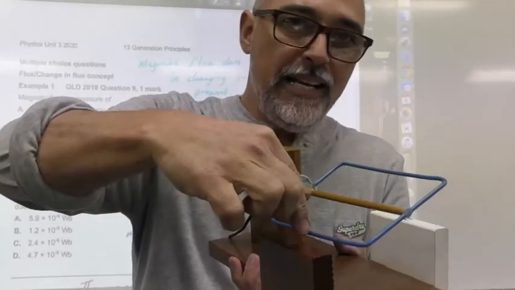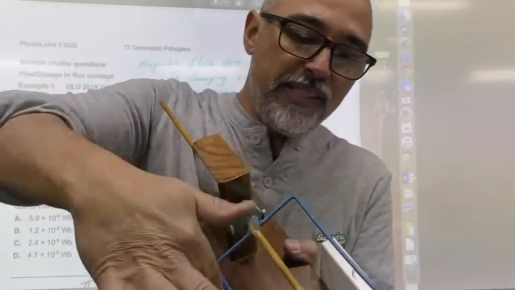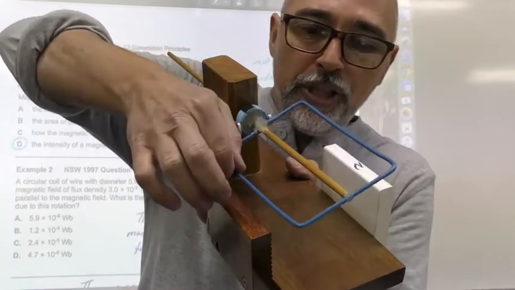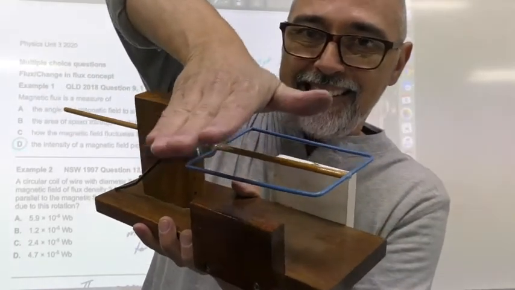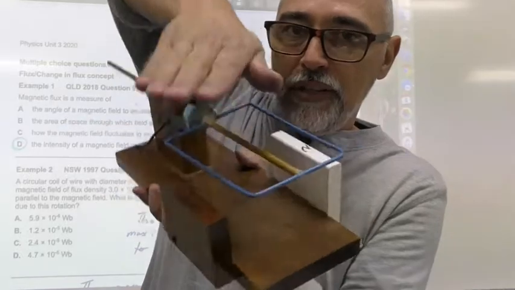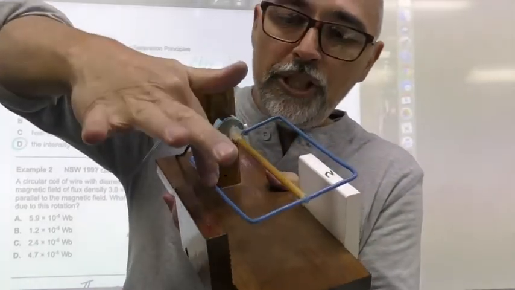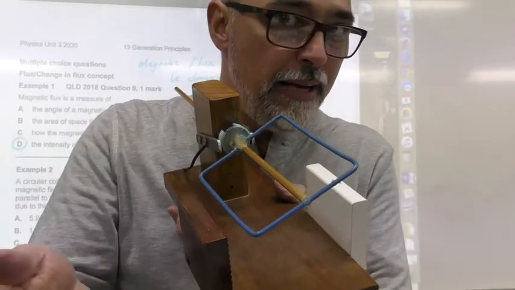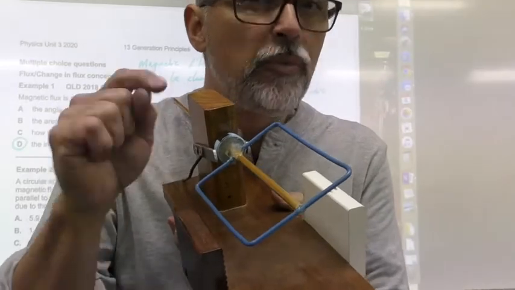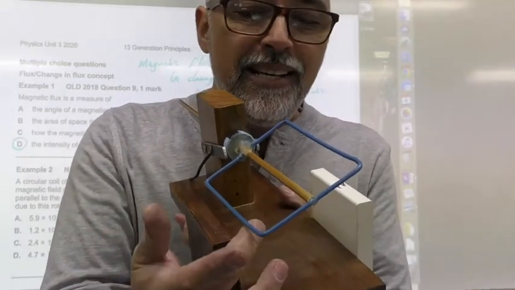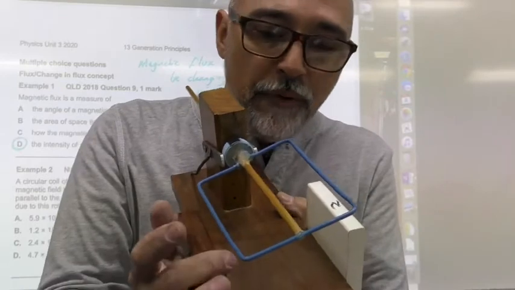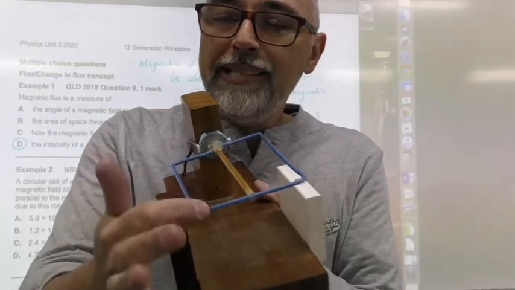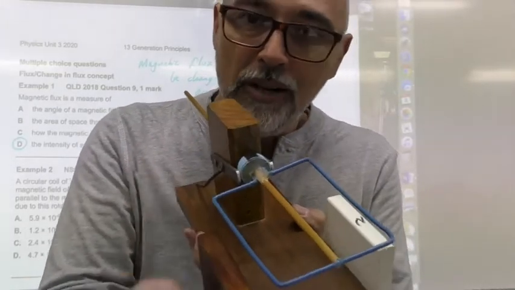If I push it down, and I know that there's a north-south, so there's a field, this edge of the conductor is being pushed down through a field that is moving like this, okay? That's the direction of the field, north-south. If I push it down, it will generate a current, that current will generate a magnetic field, and that magnetic field has to resist what I'm doing, which means it's going to experience a retarding force up, all right? Now, for that to happen, which way is the current going through this arm while I do this?